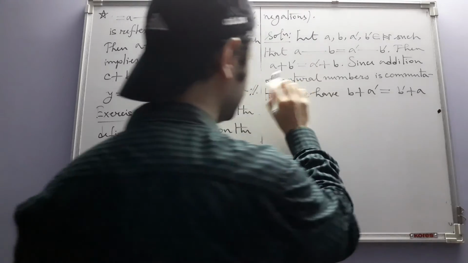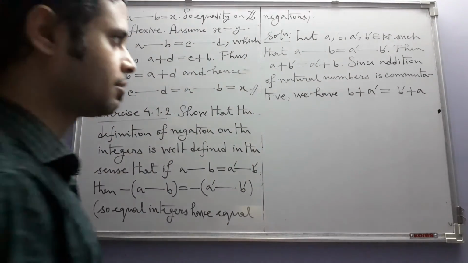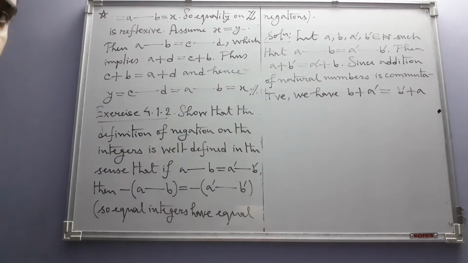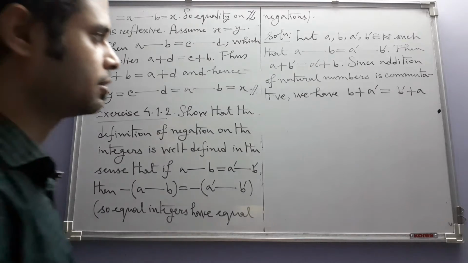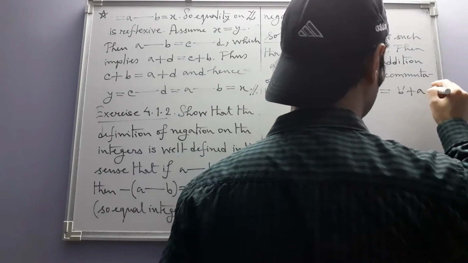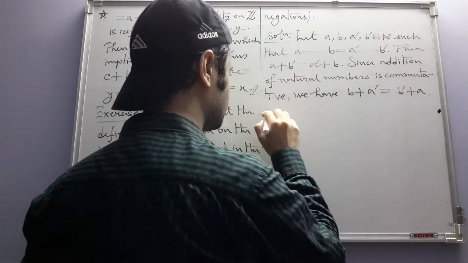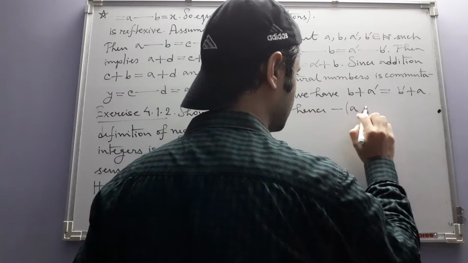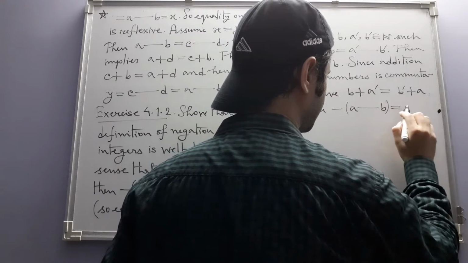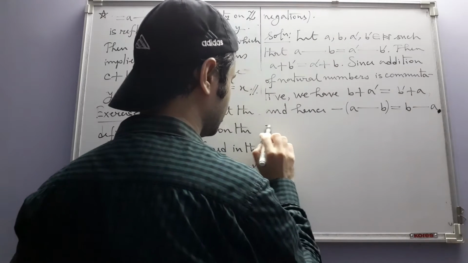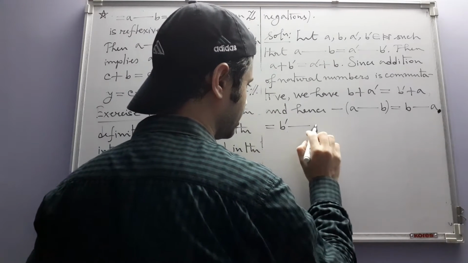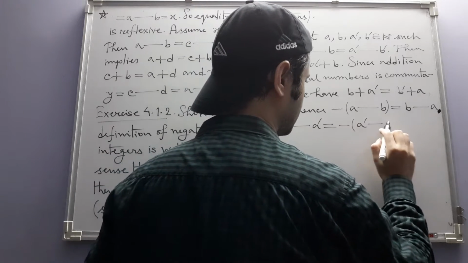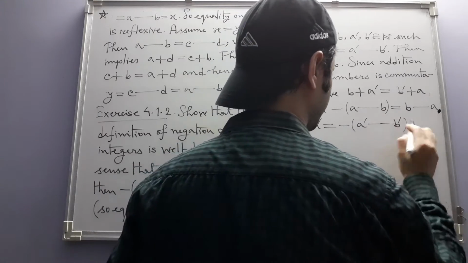Not only are we changing the order of the terms, but we are also changing the terms on both sides of the equation, interchanging their places, and hence minus of a dash b, which by definition is b dash a, is equal to b prime dash a prime, which is equal to minus of a prime dash b prime.